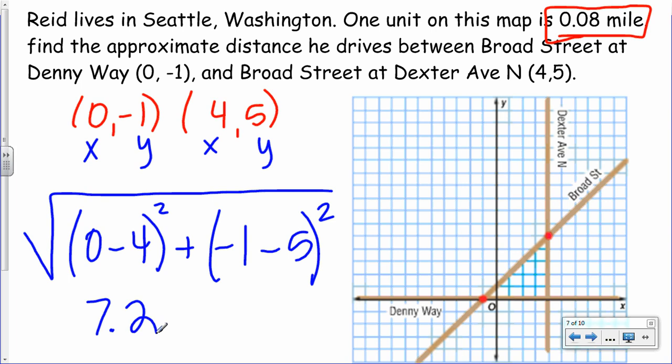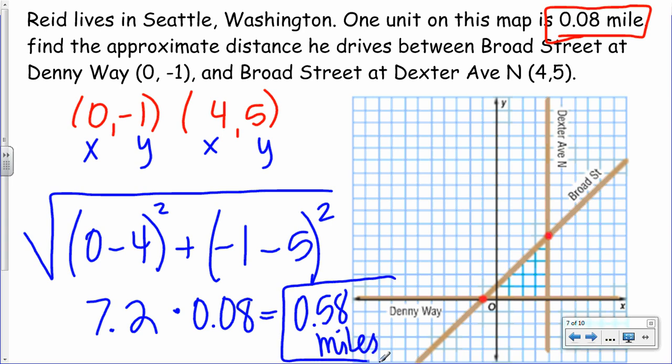And remember, that's only 7.2 units. I haven't solved miles or anything like that yet. So 7.2 units, each unit is 8/100 of a mile, so I'm going to multiply. And I get that those two, he drives about 0.58 miles. And make sure to include your units from one to the other.